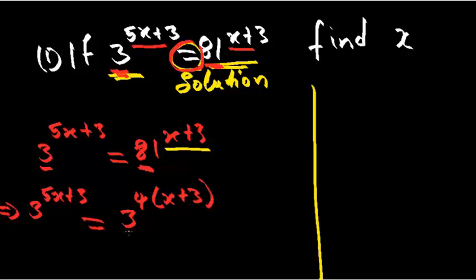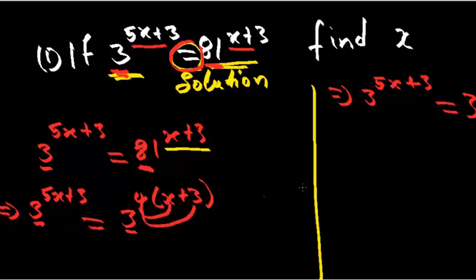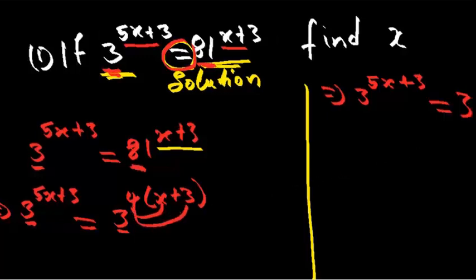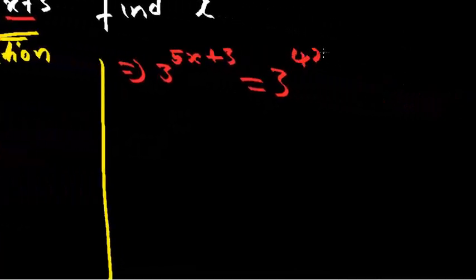Now you see that the base here is the same as the base here. So we can proceed. 3 exponent 5x plus 3 is now equal to 3 exponent, and here I'll multiply the 4 by the x in the bracket and also multiply the 4 by the 3. So I get 4x plus 12, that is 4 times 3.